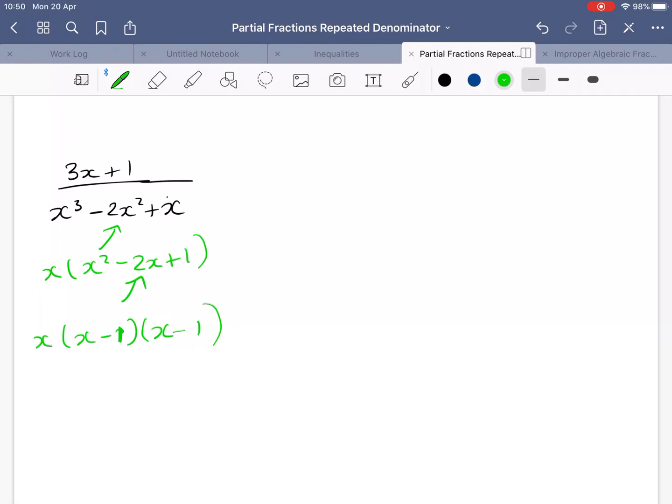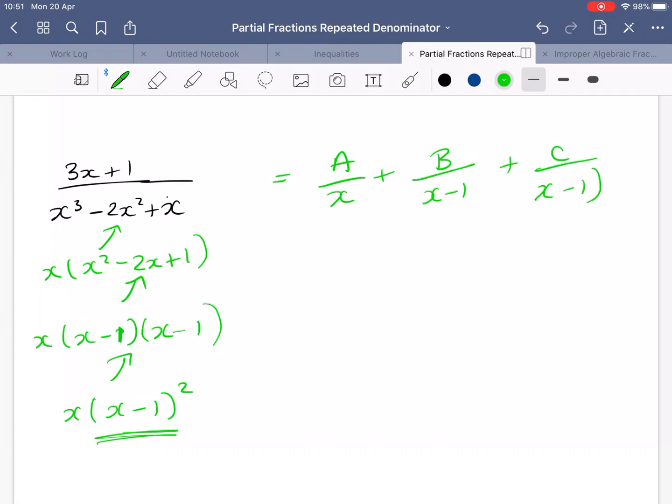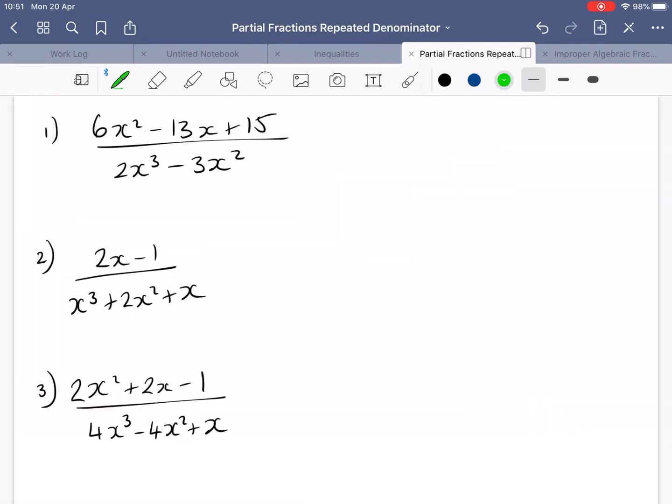Okay, and so actually this would be written x times x minus 1 squared. So in this case, I've got a repeated root of x minus 1 squared. So I would write this as a over x plus b over x minus 1 plus c over x minus 1 squared. Okay, so again, finally, 3 for you to have a go at.